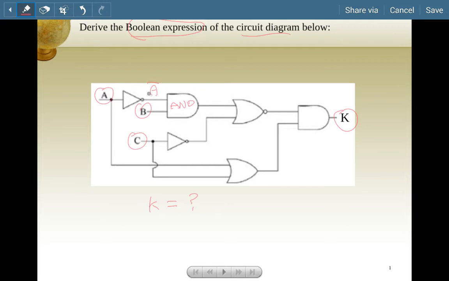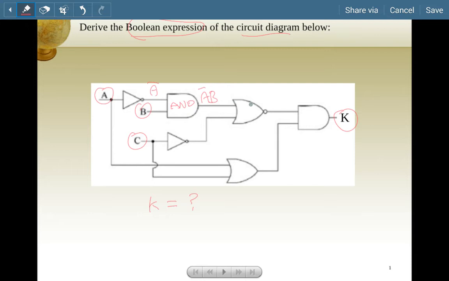There are two inputs, A bar and B, so you would represent it this way: A bar AND with B, or A bar dot B. We normally don't draw the dot, just like in multiplication we don't necessarily put the dot when you say x times y. You just put xy. So this is what you get after transforming yourself through the AND gate.